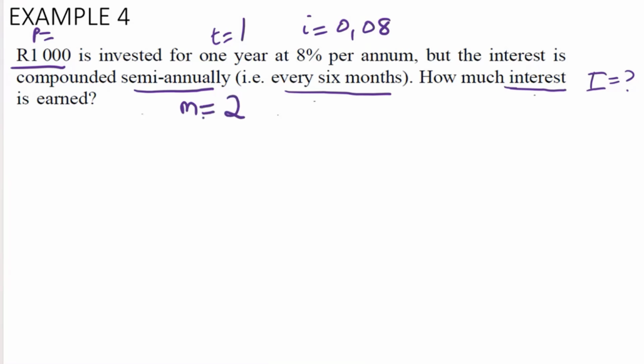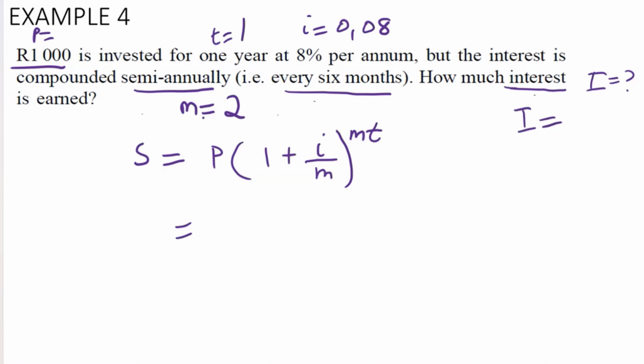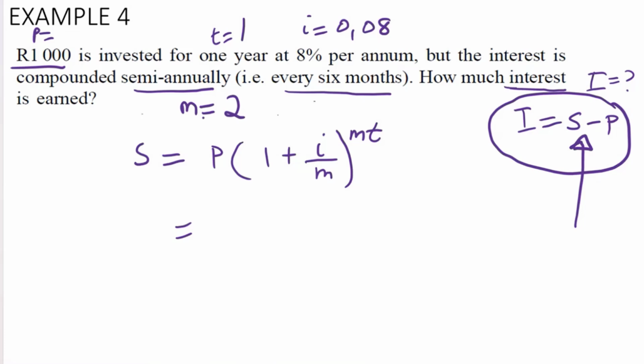Okay, so you can just take your formula. Your formula there is your S is equal to P into 1 plus I over M, all to the power M multiplied by T. So we are looking for I, but according to our information, we know that I is equal to S minus P. So before we can get our I, we still need to find our S. We don't have S, but we do have P. So now let's find the S here.